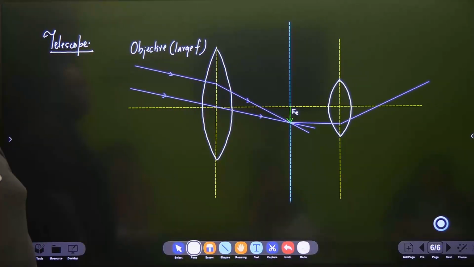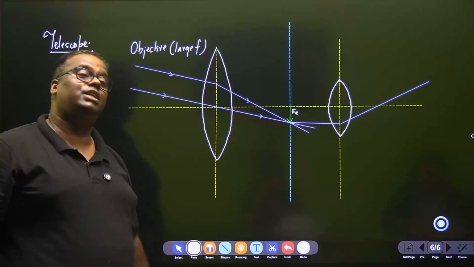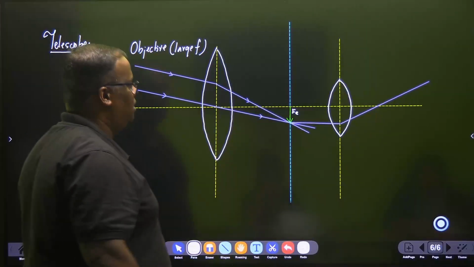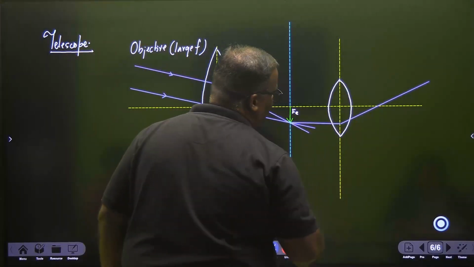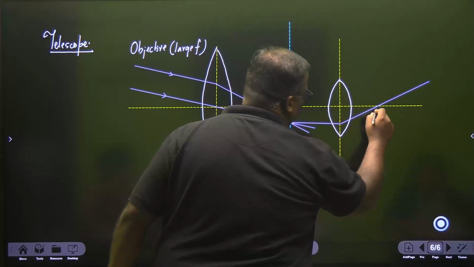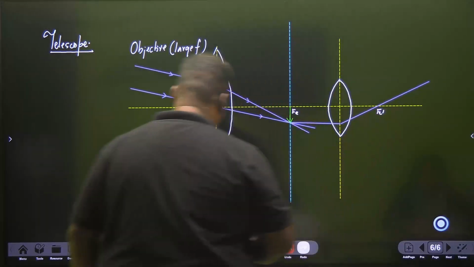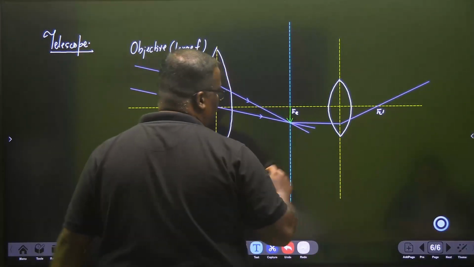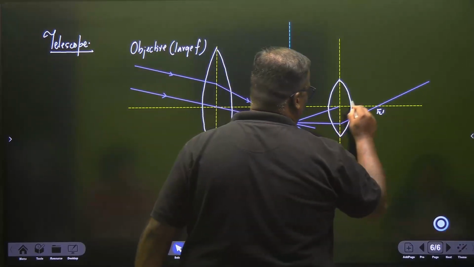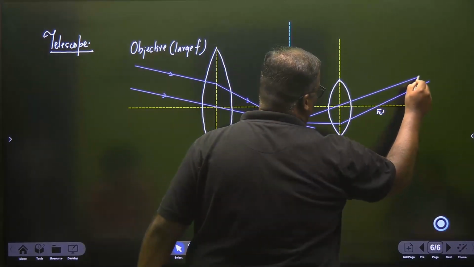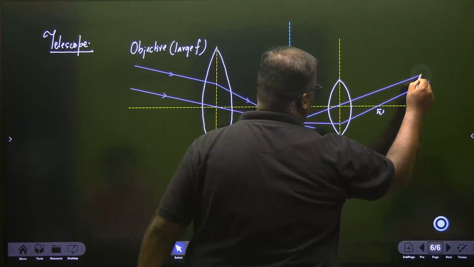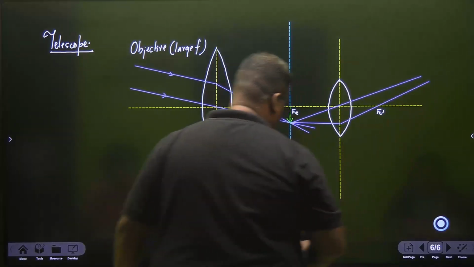If you place an object at the focus, where do you get the image? At infinity. Okay, this is exactly at the eyepiece focus, Fe, and this is Fe dash. And so my next ray would be passing from here, which actually should be parallel.